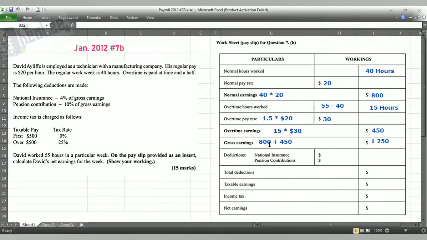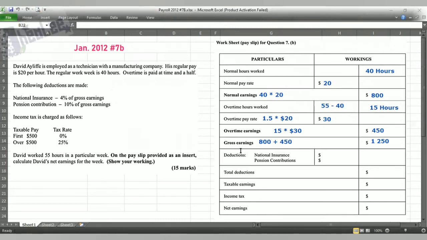That would be the pay for the normal hours plus the pay for the overtime hours. Some employees may work commission, some may get different allowances. All of those would be added in order to give you the gross salary, gross wage, gross earnings.